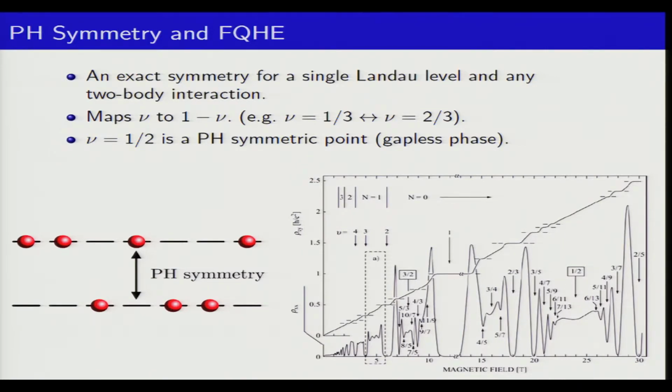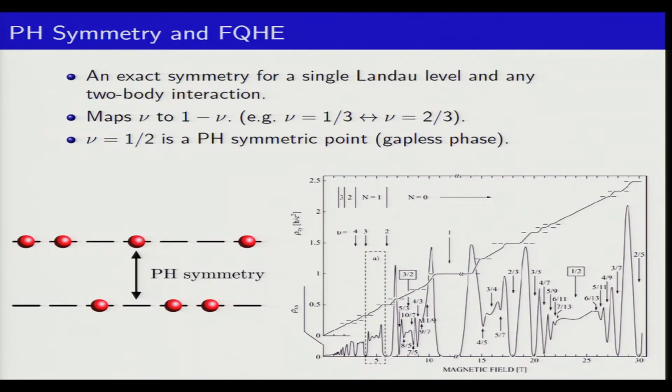This particle-hole symmetry maps the filling factor nu to 1 minus nu. So if you have one configuration in the occupation basis, with, like, 4 occupied orbitals, the particle-hole symmetry will map this configuration to this one. You just replace an empty orbital by an occupied one, and vice versa.